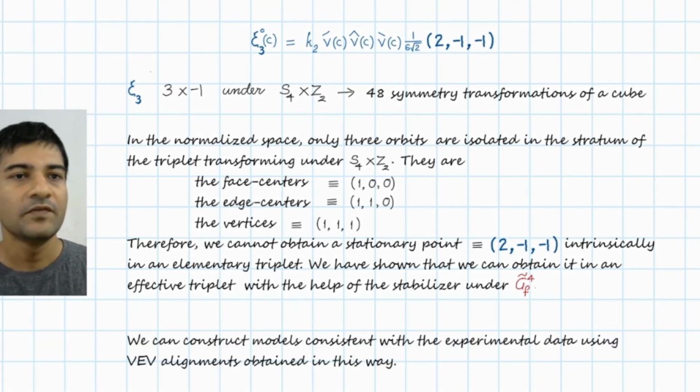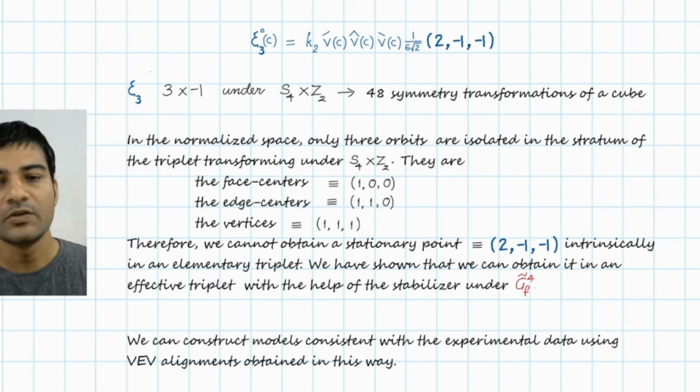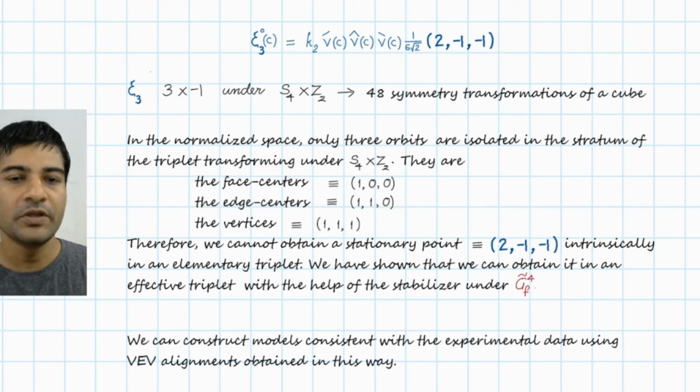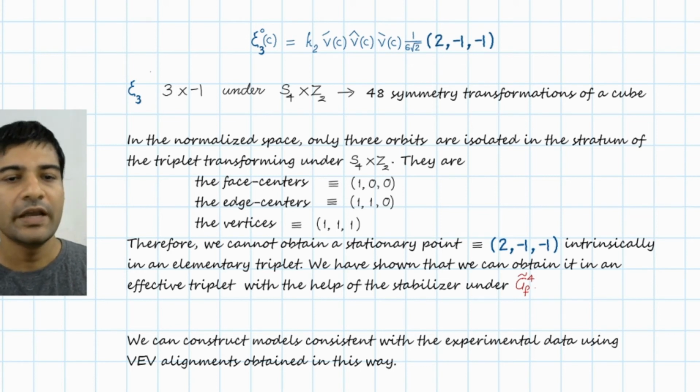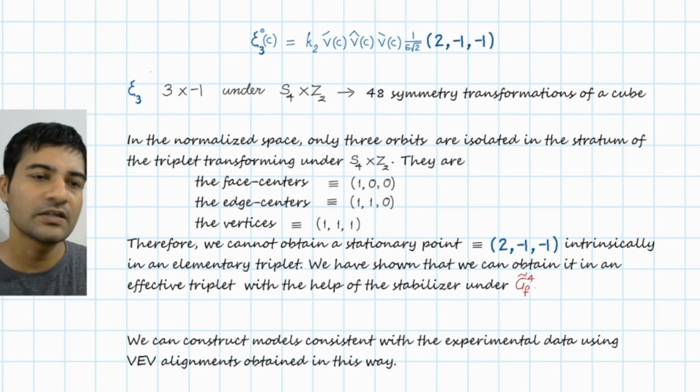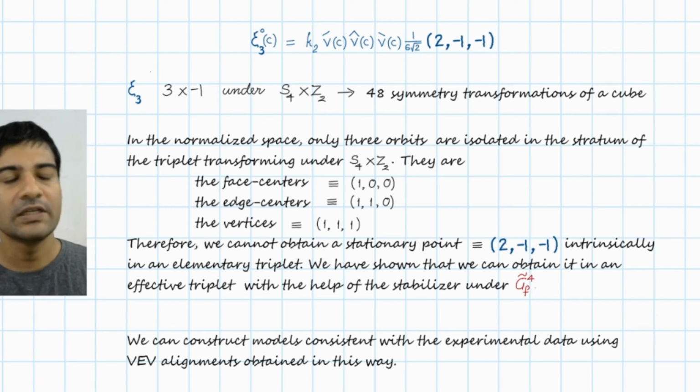Of course, we cannot construct a flavor model with a single alignment 2, minus 1, minus 1. However, if you include a larger set of elementary fields and use the same concepts introduced in this work, it is in fact possible to construct a phenomenologically realistic flavor model.